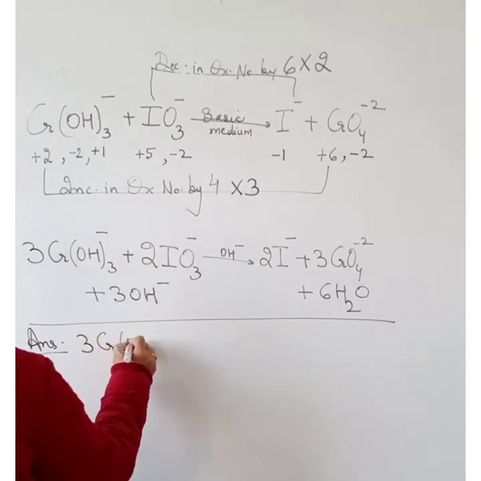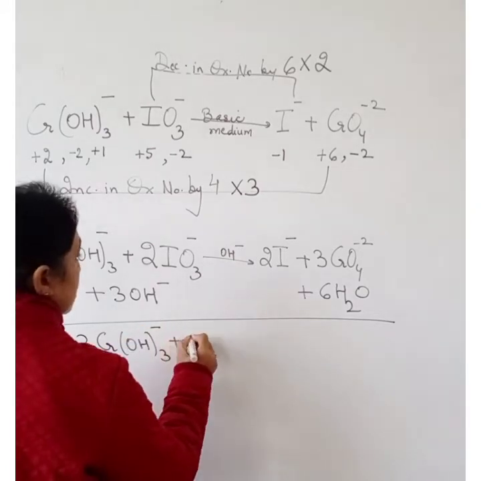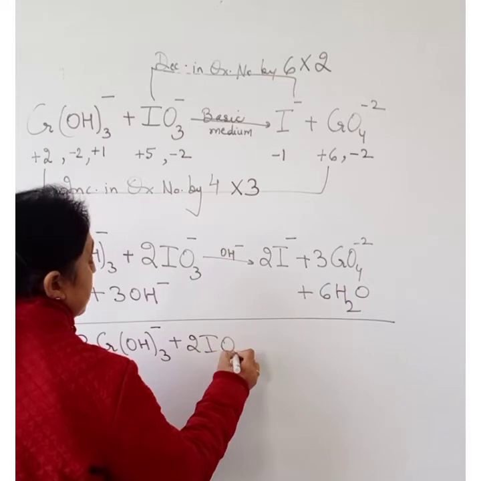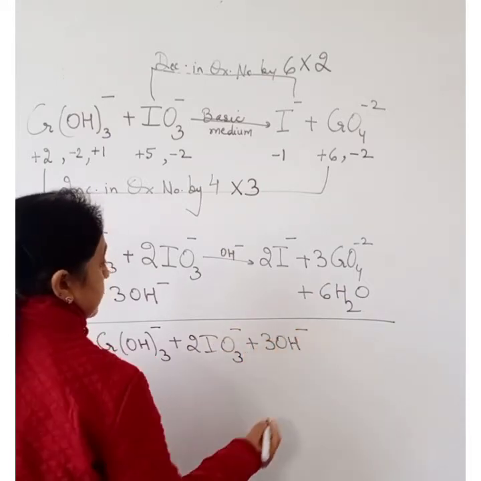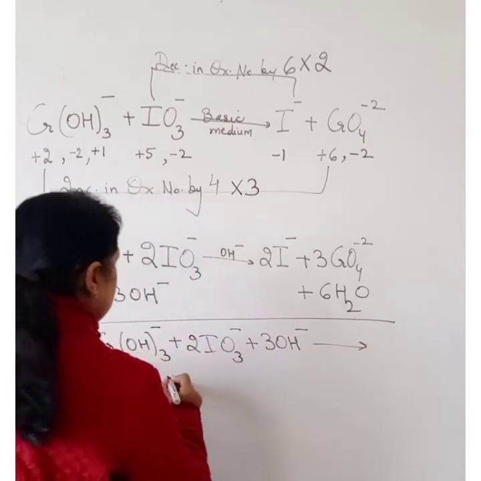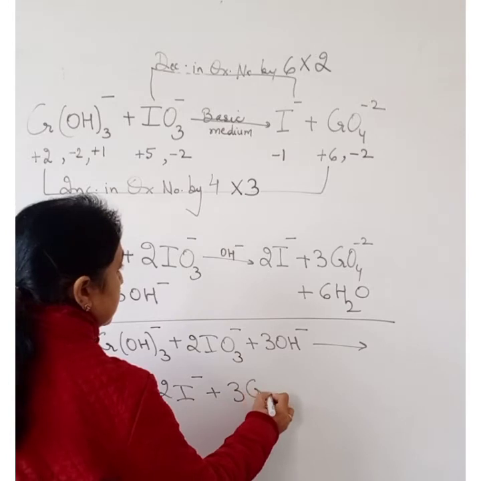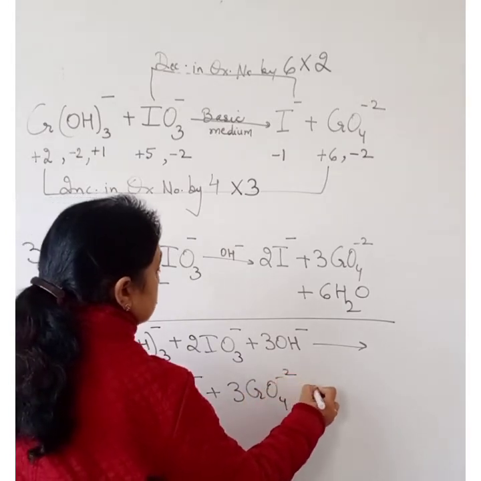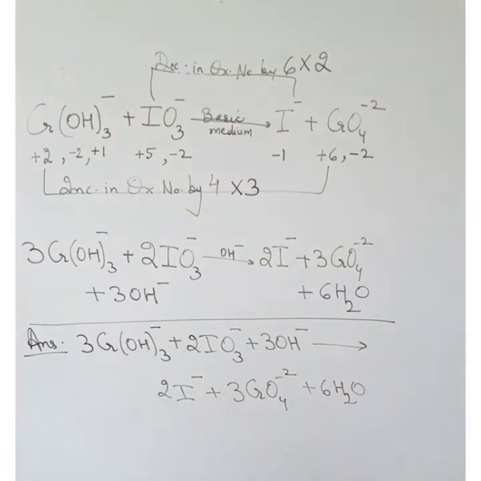So now our answer is, we don't have the similar terms here, plus 2IO3 minus plus 3 OH minus gives 2I minus plus 3CrO4 minus 2 plus 6H2O is our balanced equation.